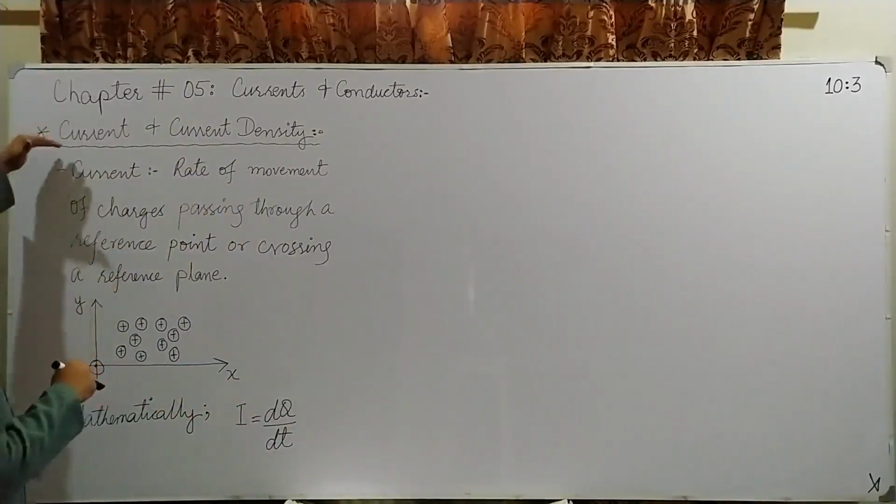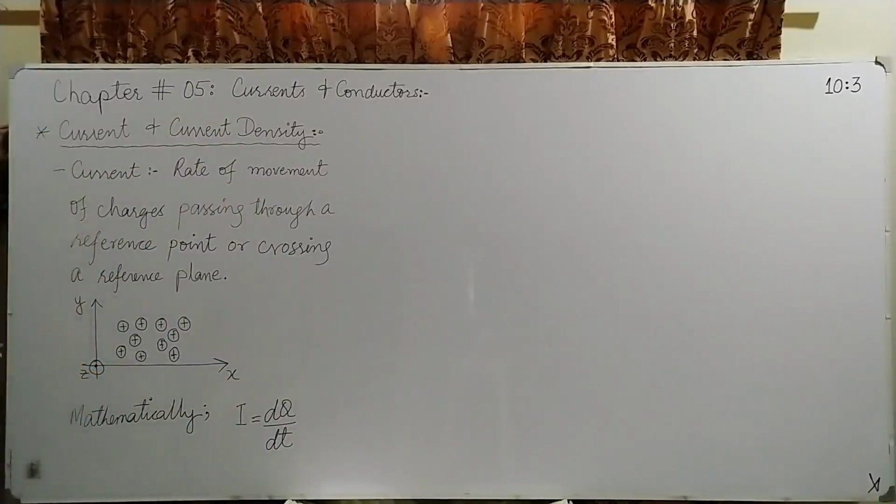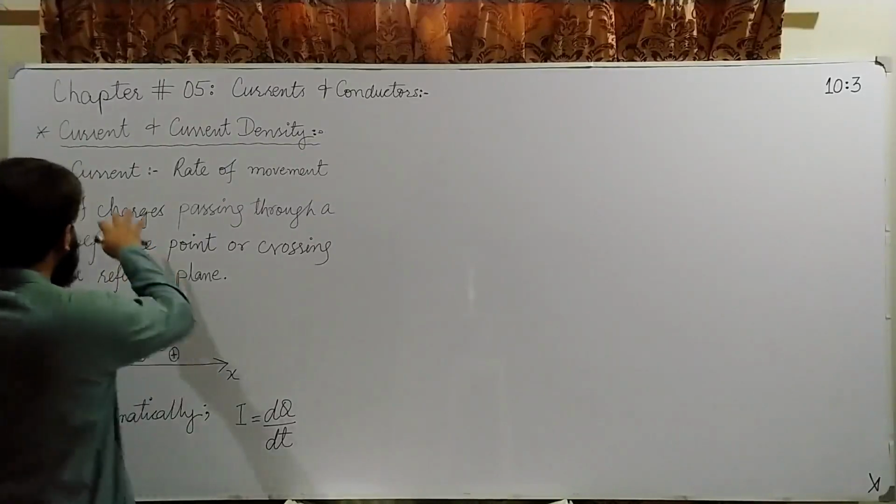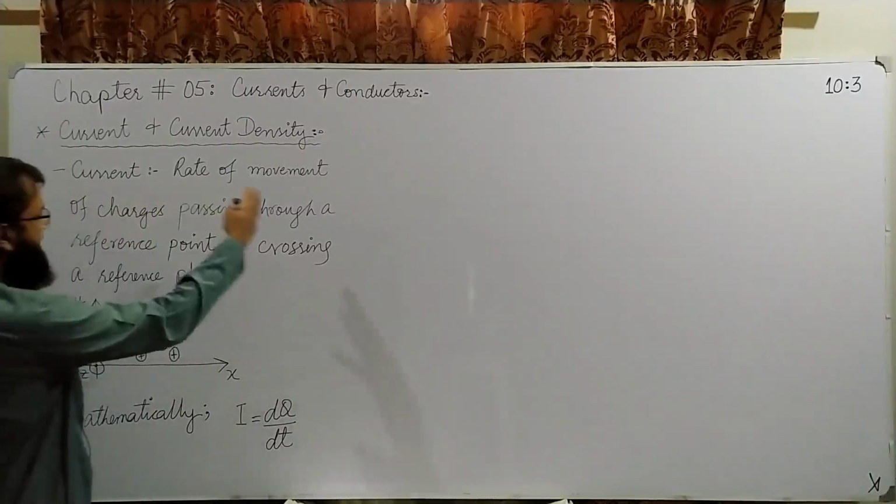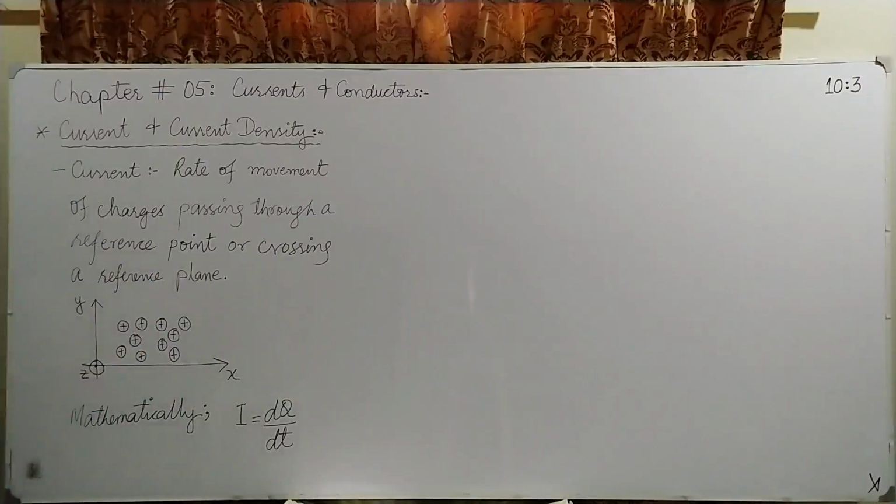So the definition of current which we are aware of normally, because of overexposure to circuit theory, is that current is the rate of movement of charges passing through a reference point or crossing a reference plane.